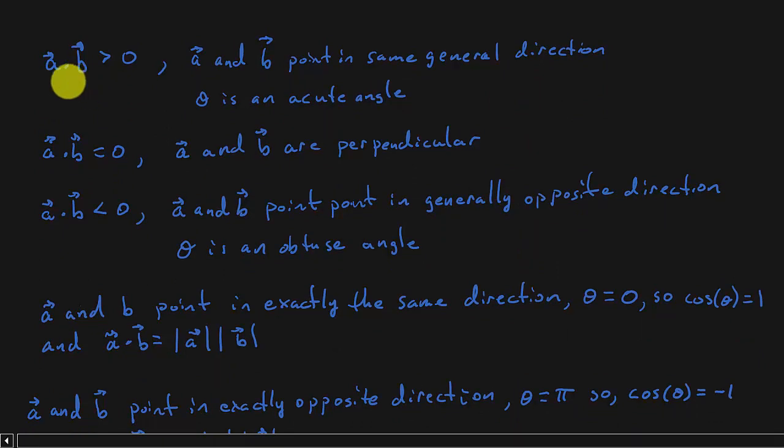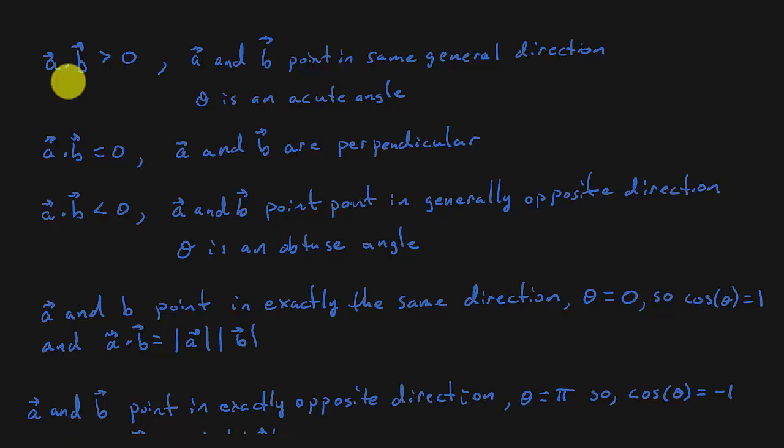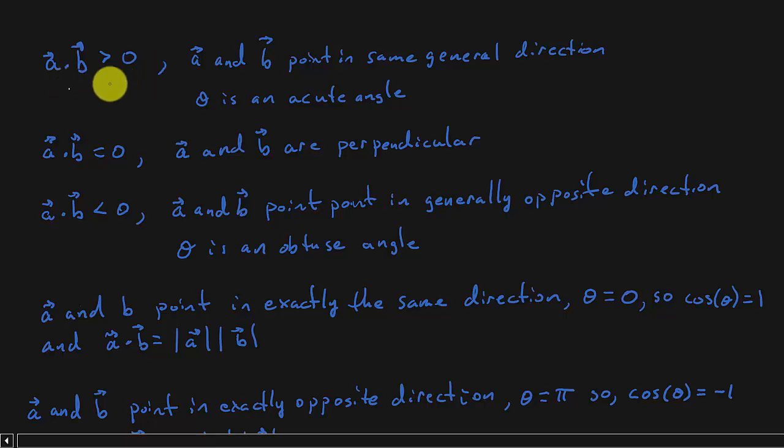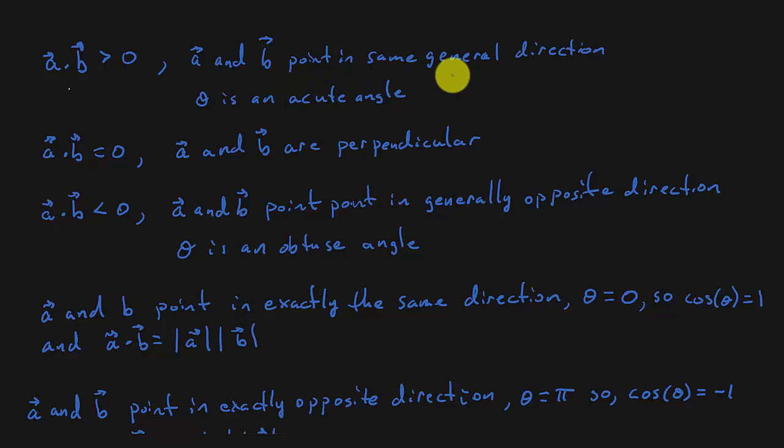The dot product can tell us quite a bit about two vectors. If the dot product is positive, then vectors A and B point in the same general direction. Okay, and I'm going to explain in a minute what we mean by the same general direction.